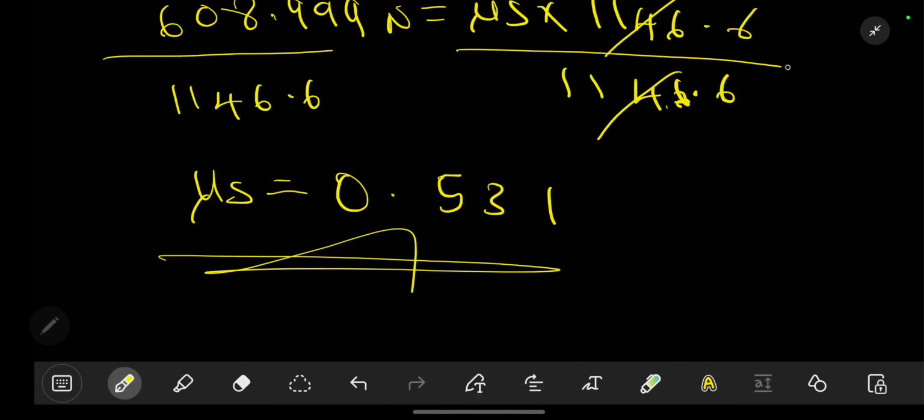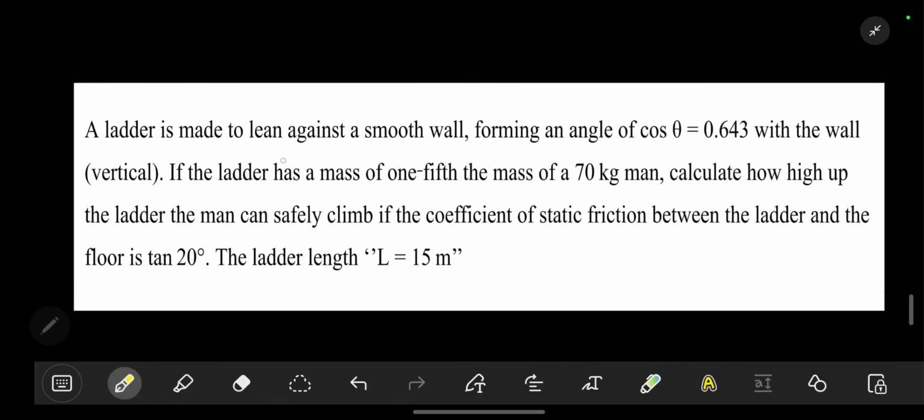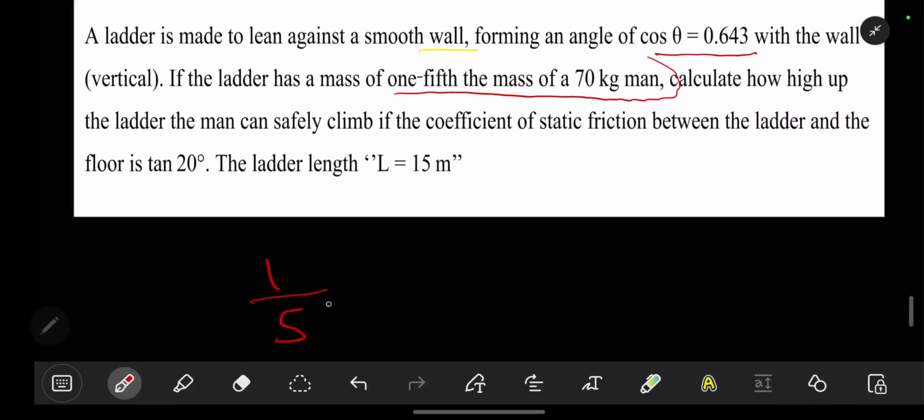Our final question. A ladder is made to lean against a smooth wall, forming an angle of cos theta is equal to this with the wall. If the ladder has a mass of 1/5 the mass of the man, meaning it is 1/5 times the mass of the man, so that's the mass of the ladder.